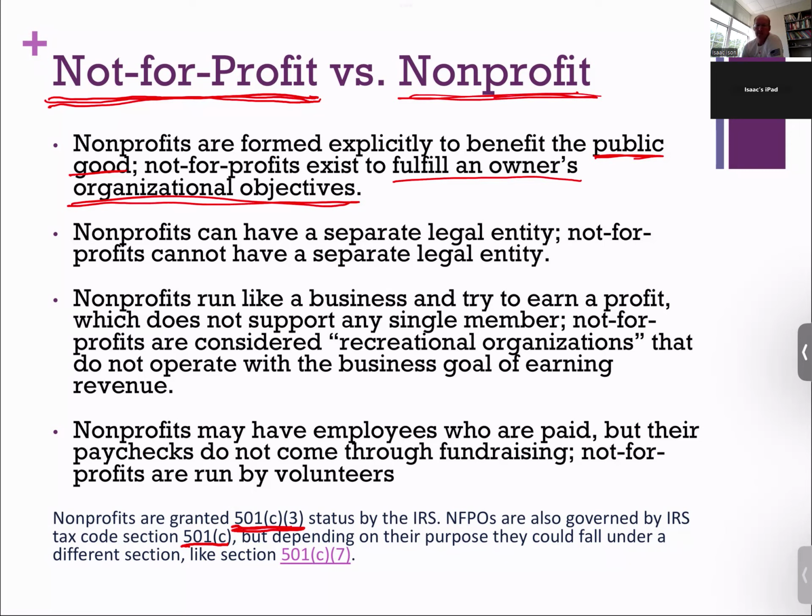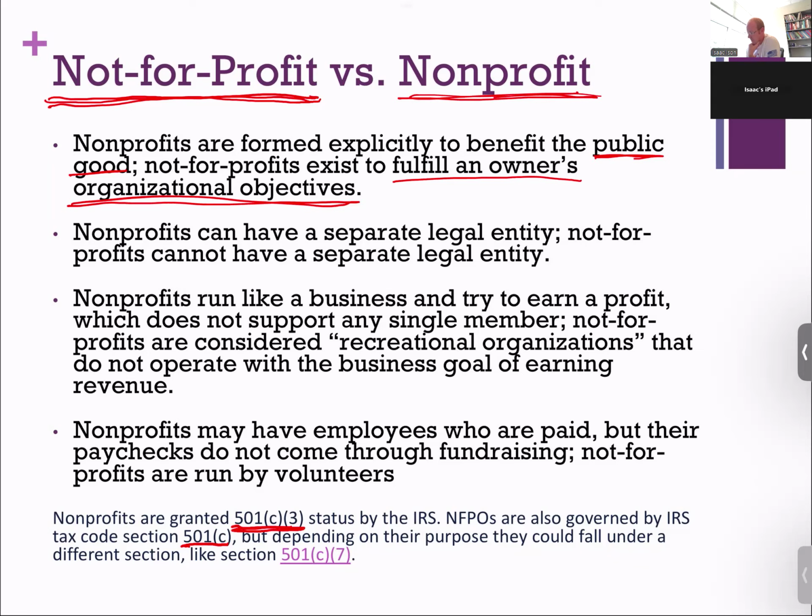A not-for-profit is trying to achieve some organizational goal. You can see there is overlap between these, and oftentimes, from a legal standpoint, organizations are layered, so they're both nonprofits and not-for-profits with the same name, but accomplishing slightly different goals.